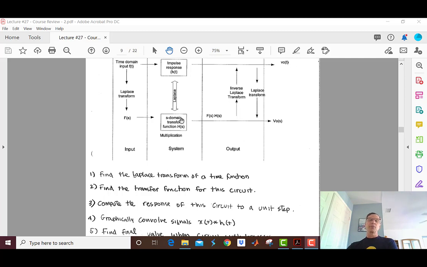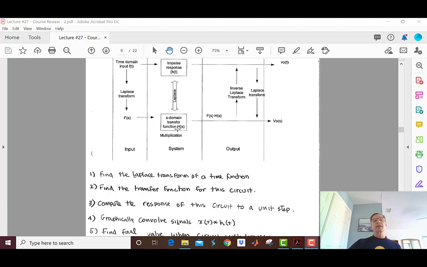Because if I really invert this transfer function, I'm going to get a function of time. But what we can do is determine things about the time domain response from the S-domain transfer function without doing a whole lot of work.